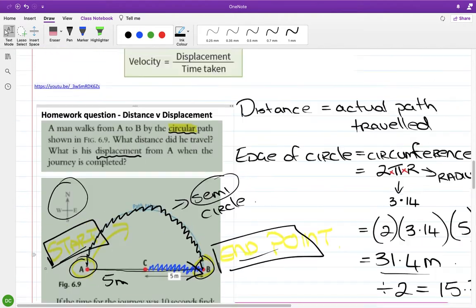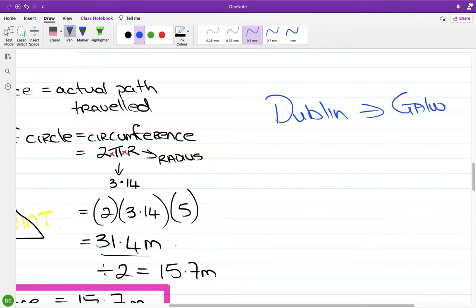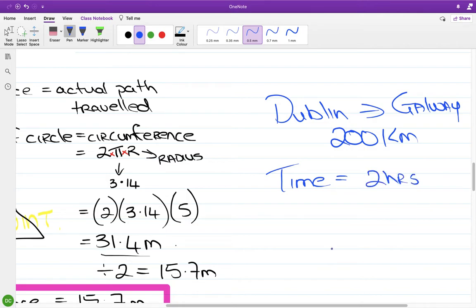Okay, let me get a bit of space here. Now these numbers are made up, because I'm literally making them up. So let's say you go from Dublin to Galway in your car, and let's say that is a journey of 200 kilometers, and it takes you 2 hours to do that journey.